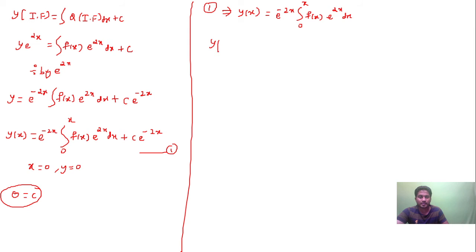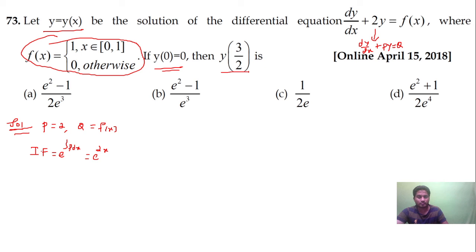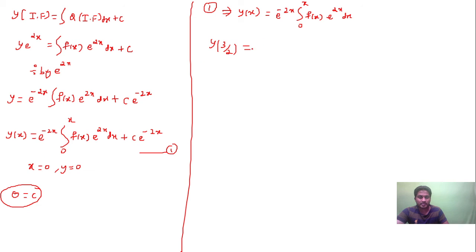Now I'm supposed to find out what is y of 3 by 2. See the question, I'm supposed to find y of 3 by 2. Y of 3 by 2 can be written as e to the power of minus 2 into 3 by 2, and then the integration from 0 to 3 by 2 of f(x) e to the power of 2x dx. Inside the integral, you cannot do anything for that. Now what I'll do is, this will cancel.